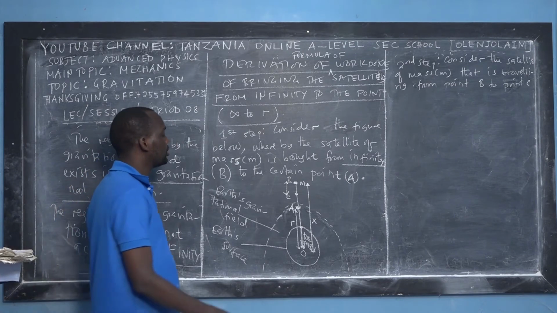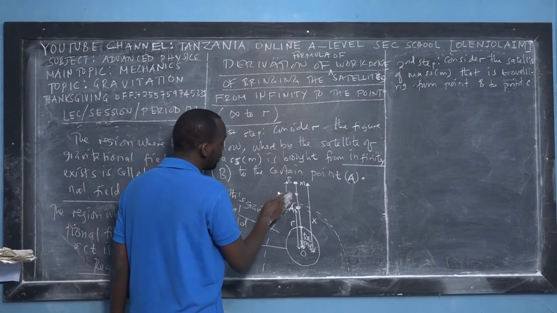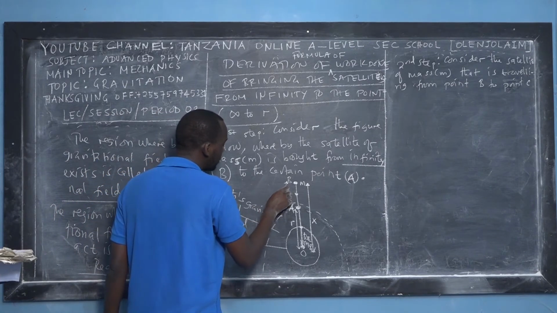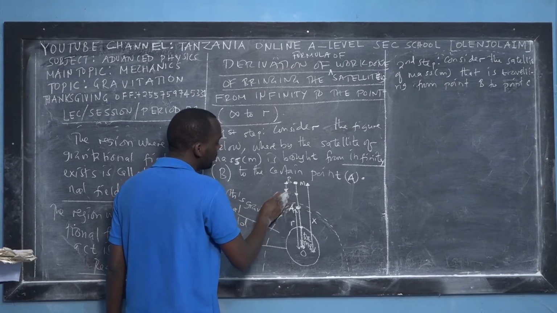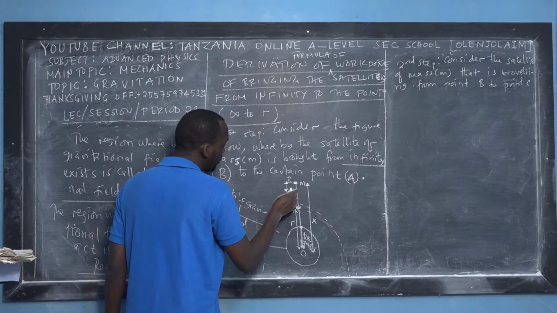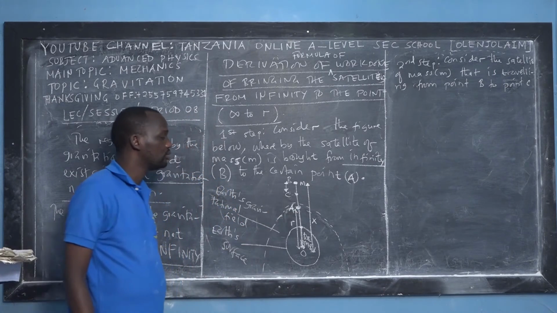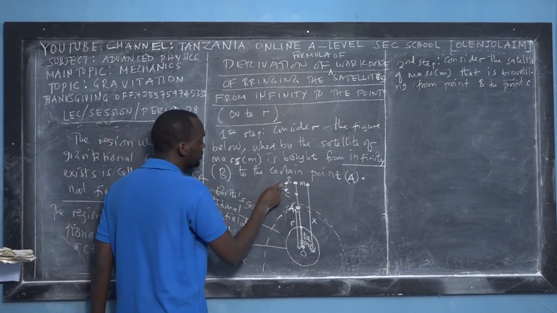So in physics, we don't need to deal with how we can compute the work done for the entire distance from B to A. We just need a small portion.